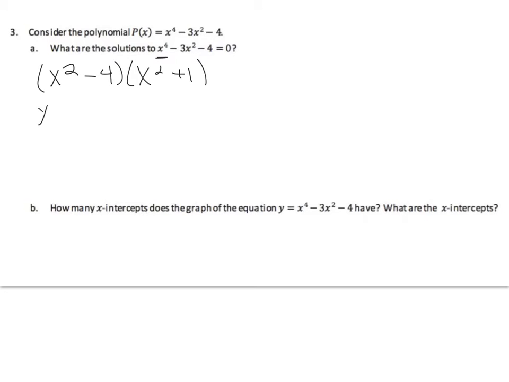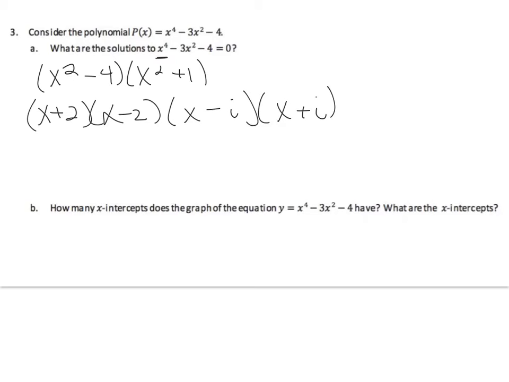This first one is the difference of two squares, x plus 2 and x minus 2. And then this last one is x minus i and x plus i. So I have for solutions negative 2, 2, negative i and i. All right, so those are the solutions.